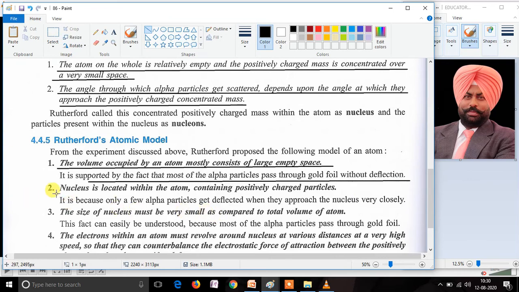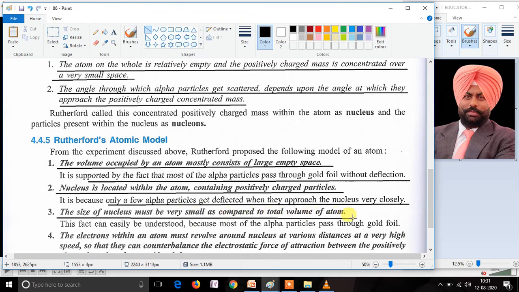The second conclusion is that the nucleus is located within the atom, containing positively charged particles. It is supported by the fact that only a few alpha particles got deflected when they approached the nucleus very closely. The third conclusion is that the size of the nucleus must be very small as compared to the total volume of the atom.